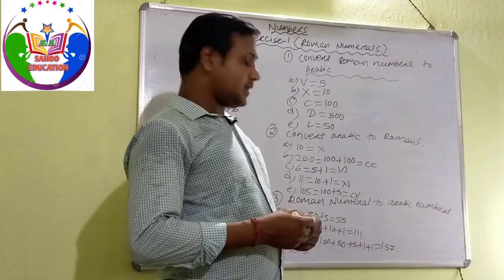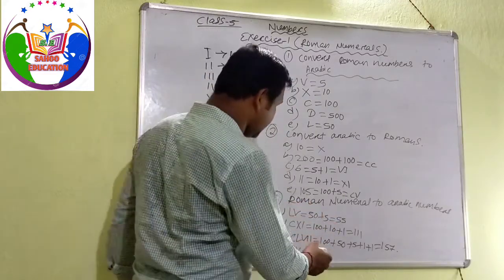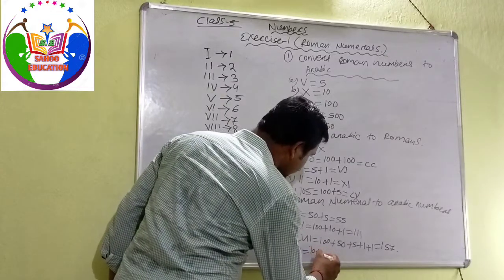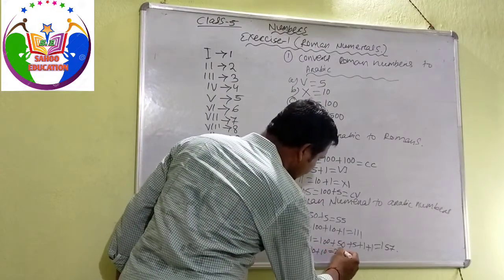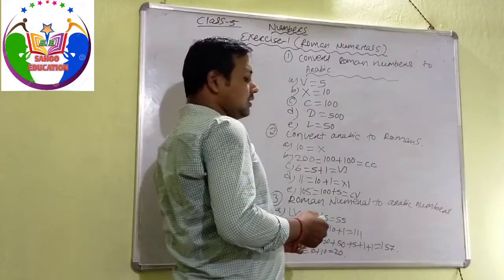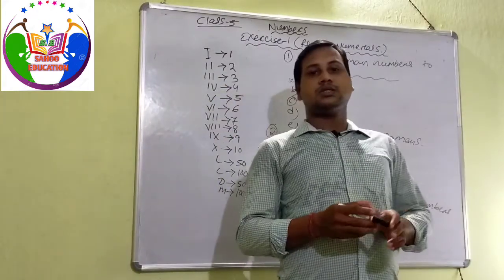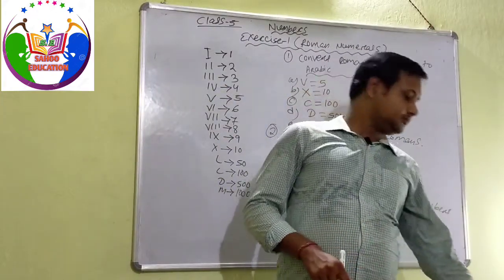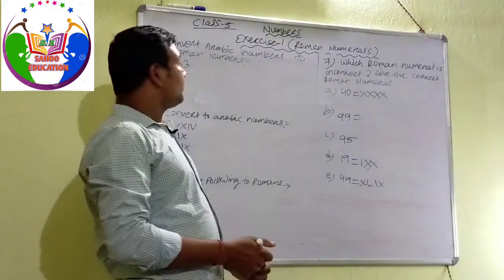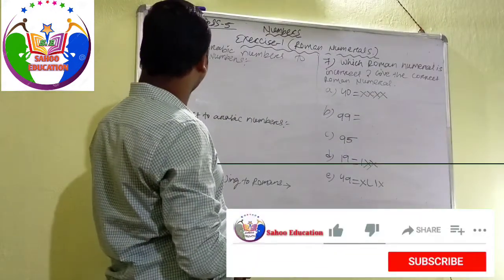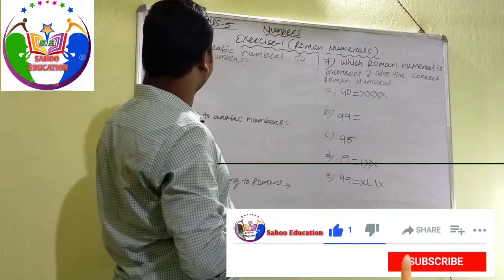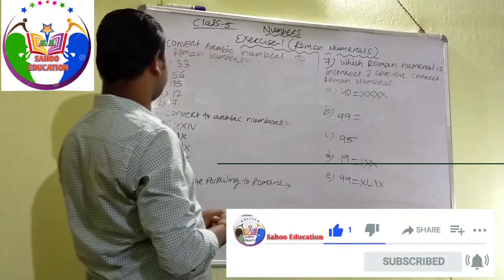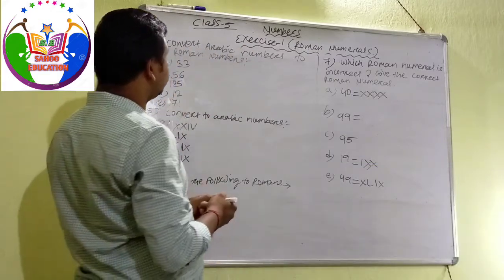Now come to question number D. It's given XX. That means 10 plus 10. This is 20. Okay. Now we will discuss question number 4. Here given, convert Arabic numbers to Roman numerals. Here given 33.